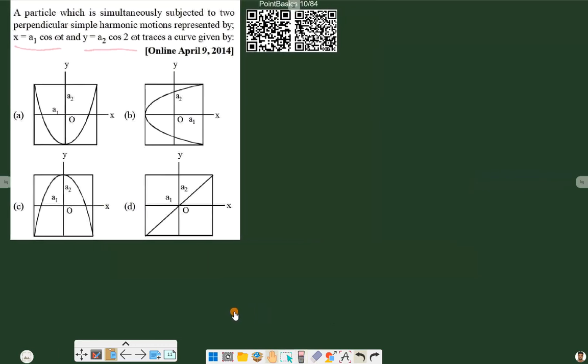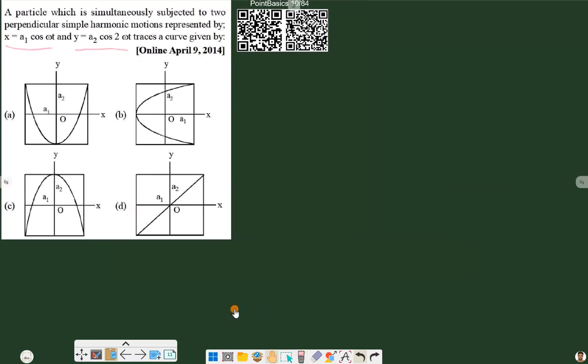So what we will do, again we will try to form the equation, which we have done earlier already. So here x is equal to a1 cos omega t and y is equal to a2 cos 2 omega t.